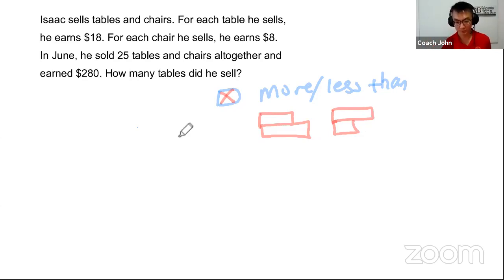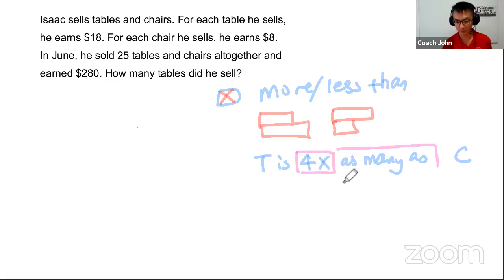All right. Next, I ask her if you can see words like, say, the number of tables is 4 times as many as the number of chairs. I teach her to spot keywords like this as well.